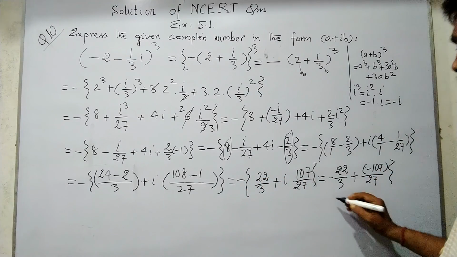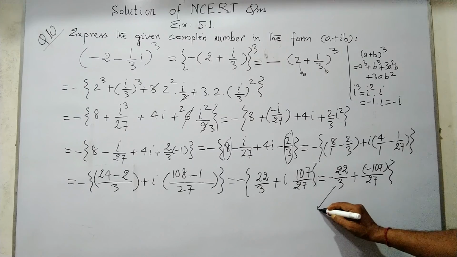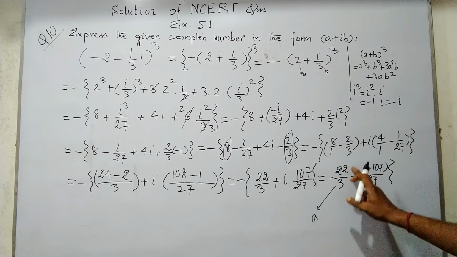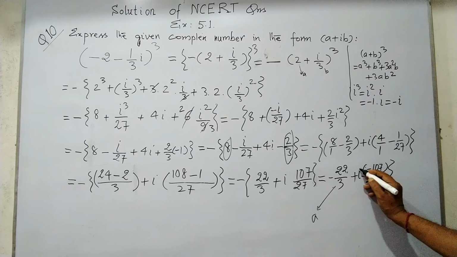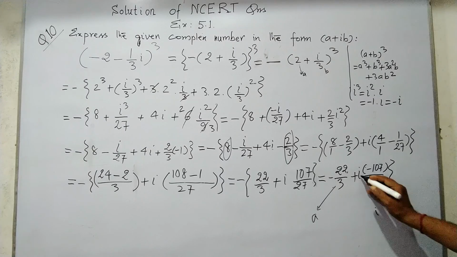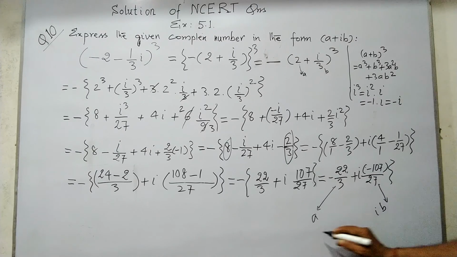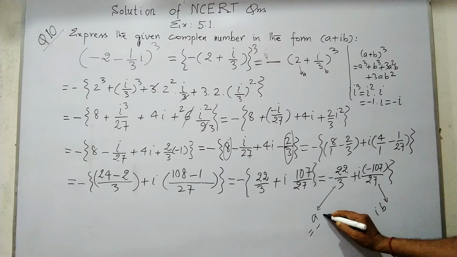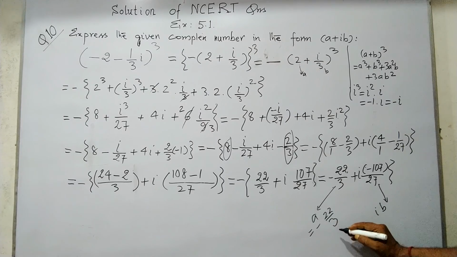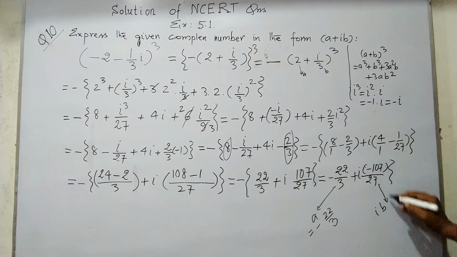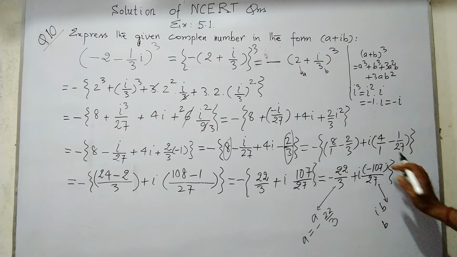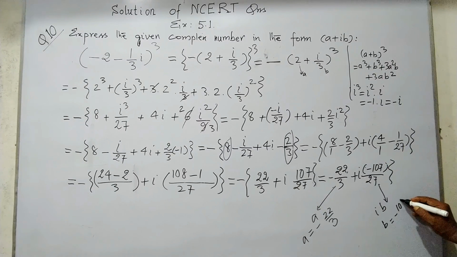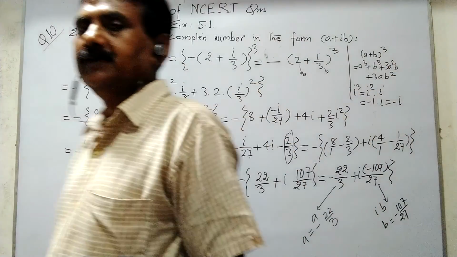Then what is here: this one is a, minus 22 by 3, and this one is b, where i is left. So a equals minus 22 by 3, and b equals 107 by 27.